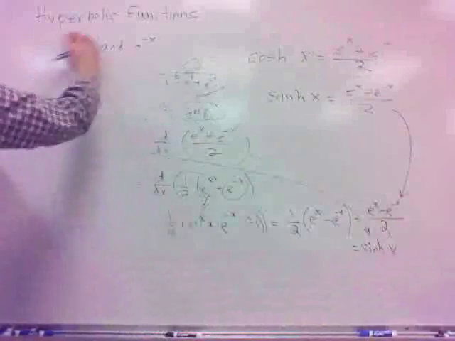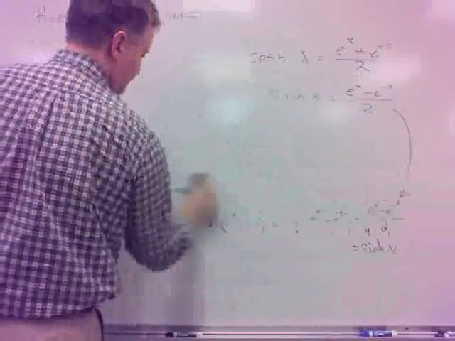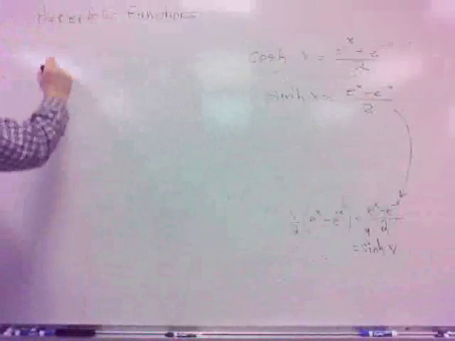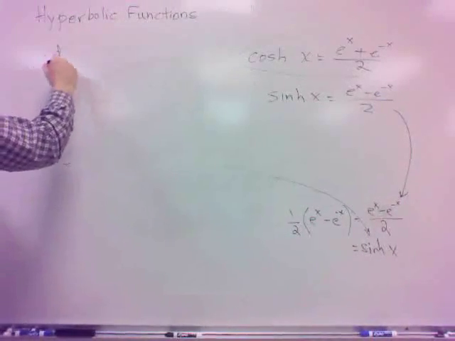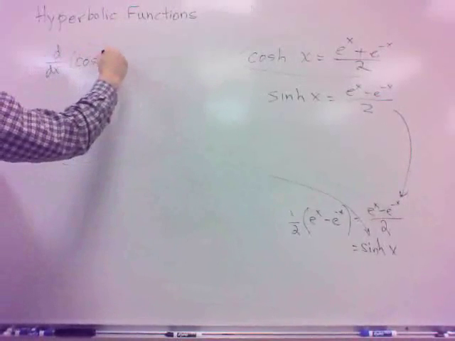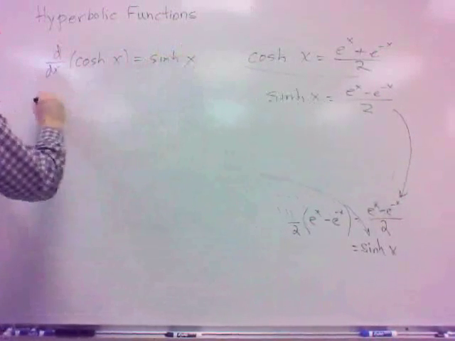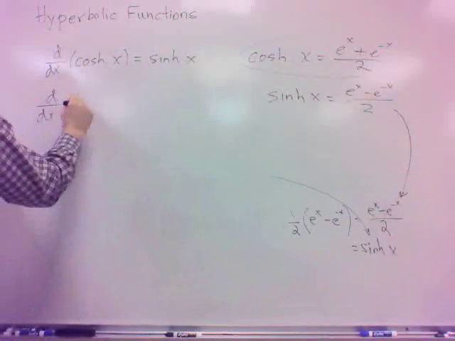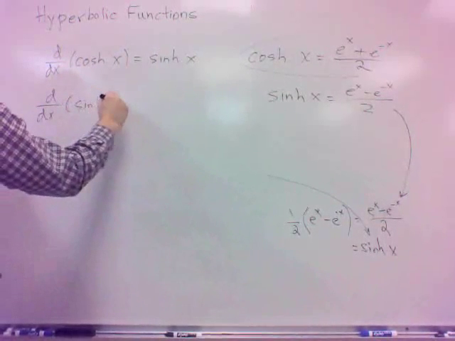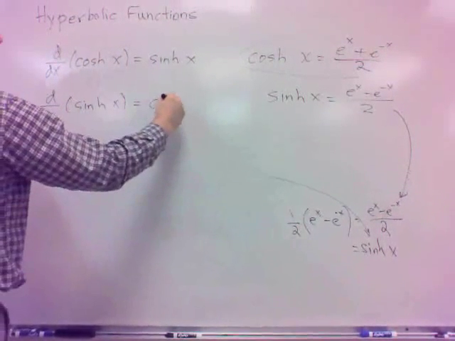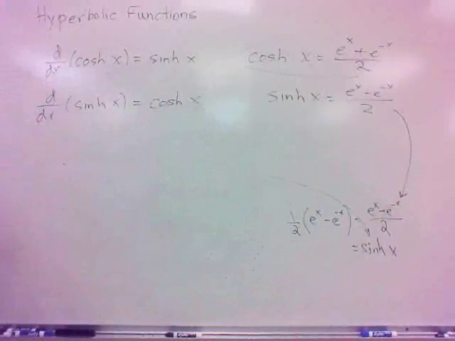Well, long story short here, let me just give you the rundown. The derivative of cosh is sinh. The derivative of sinh turns out is just cosh. That's pretty nice. They're vice versa, okay?